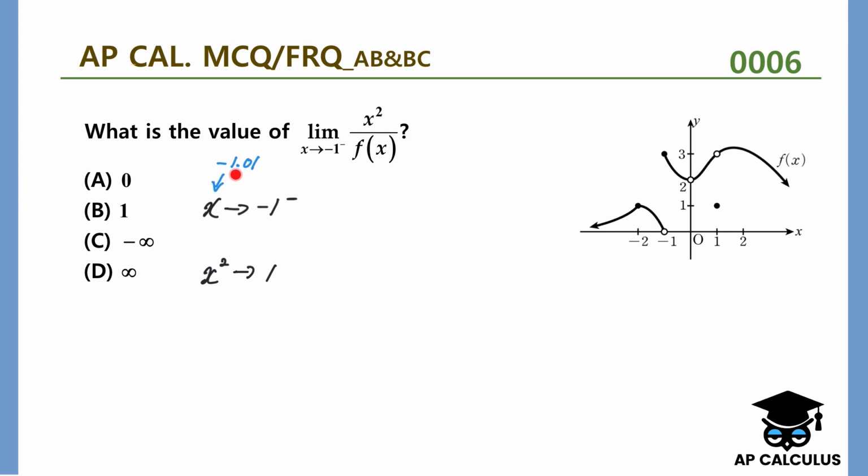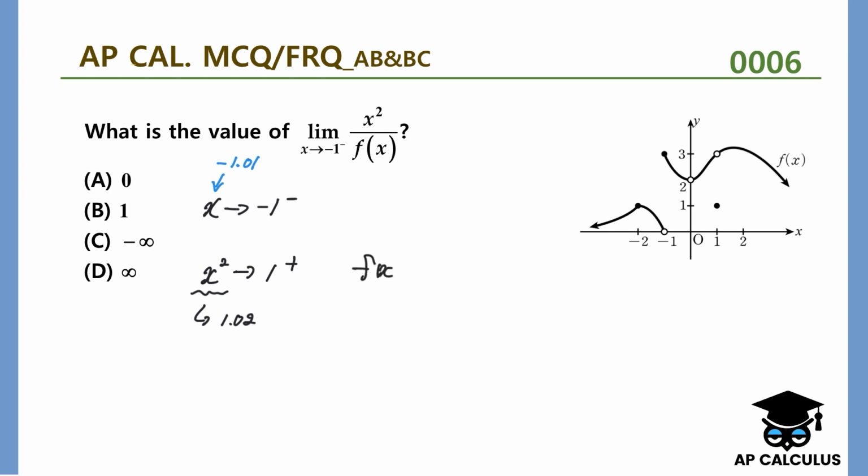So if we square this, that's going to be a little greater than 1, right? 1.01 squared is approximately 1.02. So we know that x squared approaches 1 from the right-hand side. Make sense?